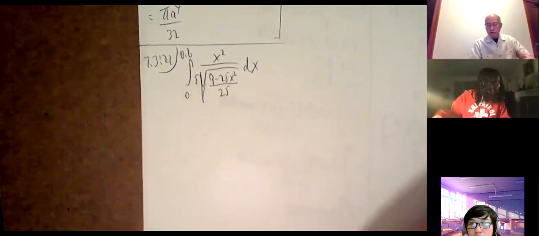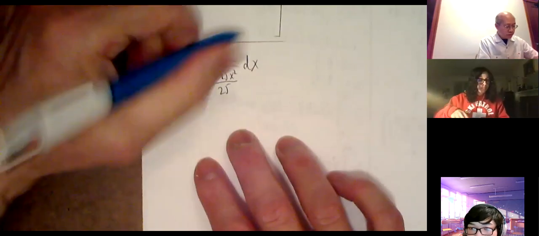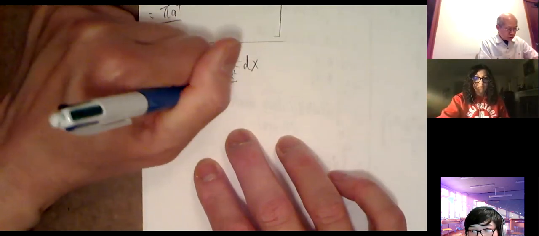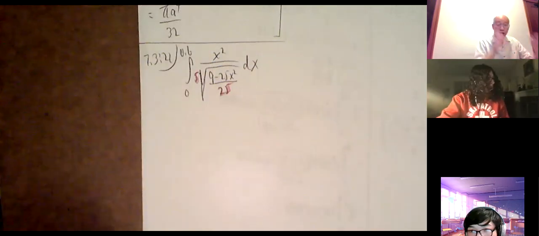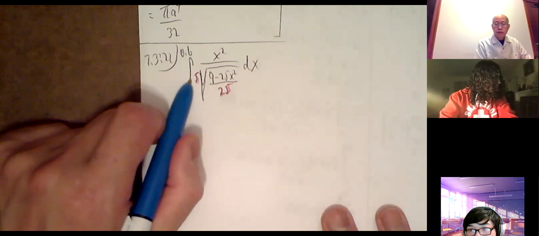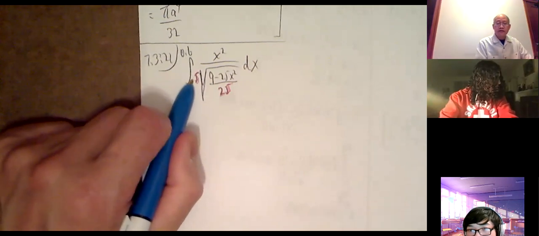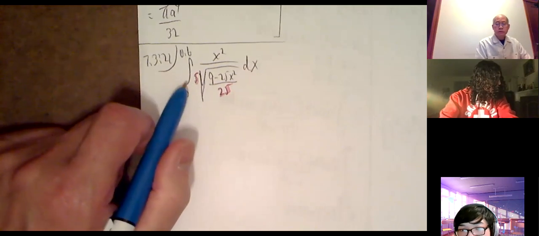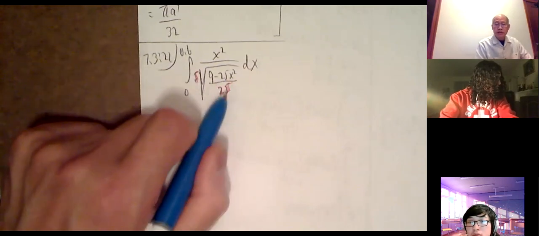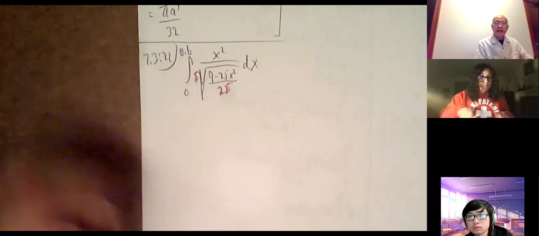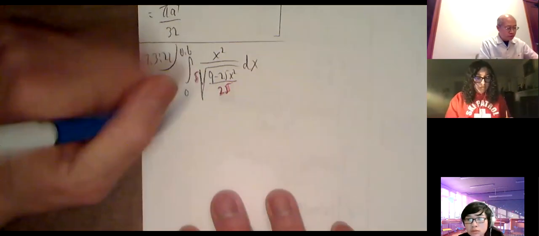So what did I insert? In fact, I should have put that in red. That's usually what I do. Okay, the red stuff equals 1. That's what I'm trying to say. A 5 here and a 25 under the radical, I've multiplied by 1. The reason why I want to do that is so now this would just be x squared, not 25x squared. And I can take that 5 outside as 1/5.